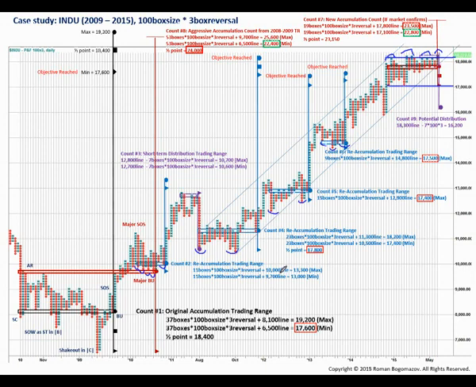So now we get over to the next stepping stone, and you can see that the last thing this stepping stone does after it climaxes and sets the range is jam all the way back down to the bottom and spring the low. And then once it's done that, it can start to mark up.